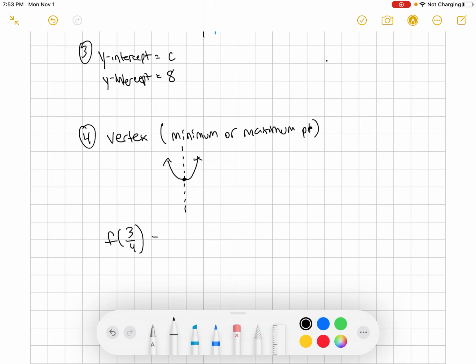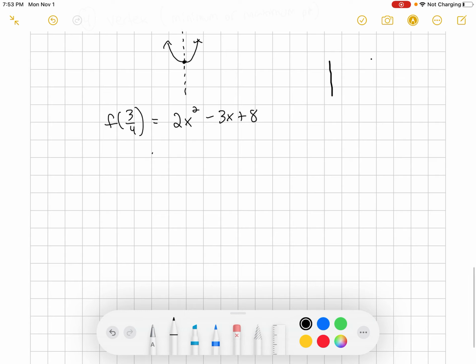That's my x value. And I'm going to plug it into our original function and figure out what our output is. Okay, so use parentheses when you plug in, and we can use a decimal. If you want to use a decimal instead of a fraction, you can. 3/4, 3 divided by 4 is 0.75.